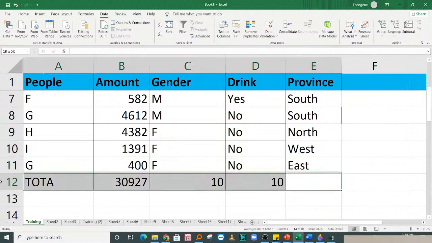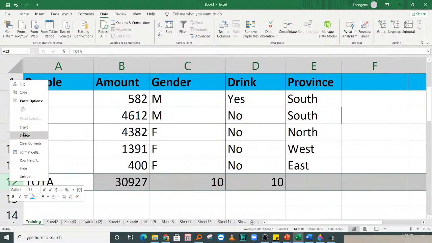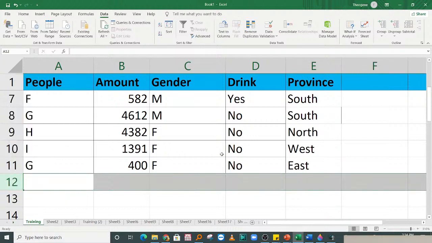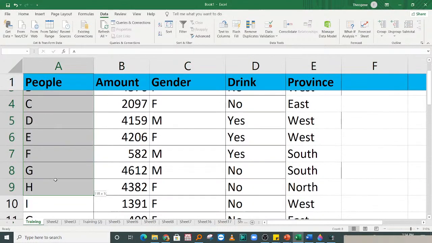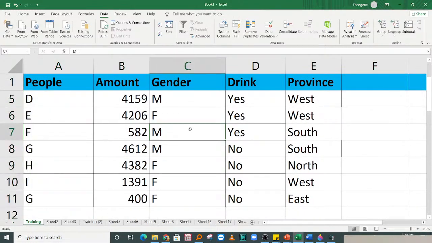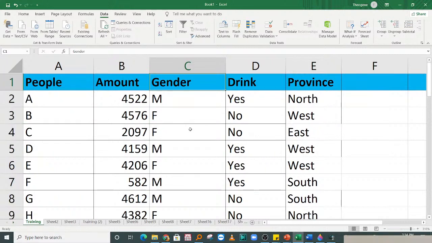Let's use this table. So we have around how many people? We have 10 people. The 10 people, they have the amount which is equivalent to that. We don't know if that is the salary, we don't know which kind of amount of money that is. But it is very useful, we have it.